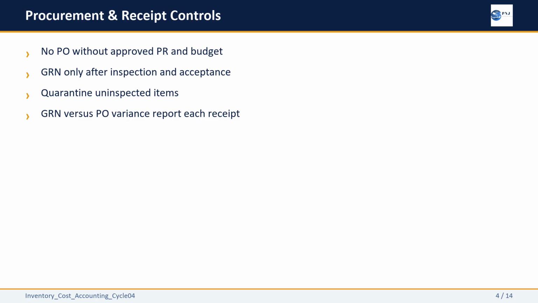The detective backstop is a goods receipt note versus purchase order quantity variance report, reviewed after every single receipt. Without these gates, the wrong quantity at the wrong price flows straight into your inventory before anyone notices.